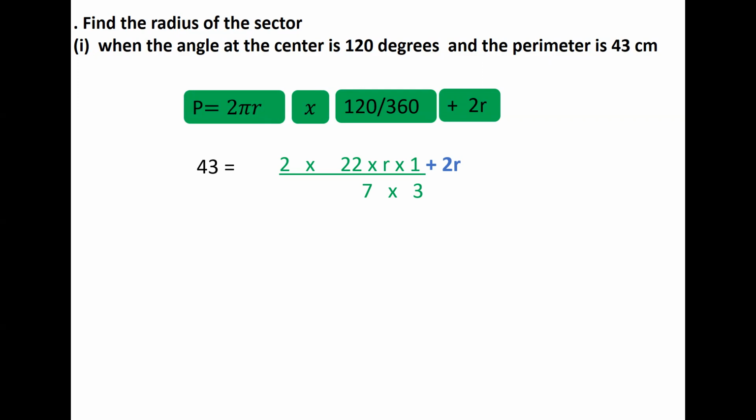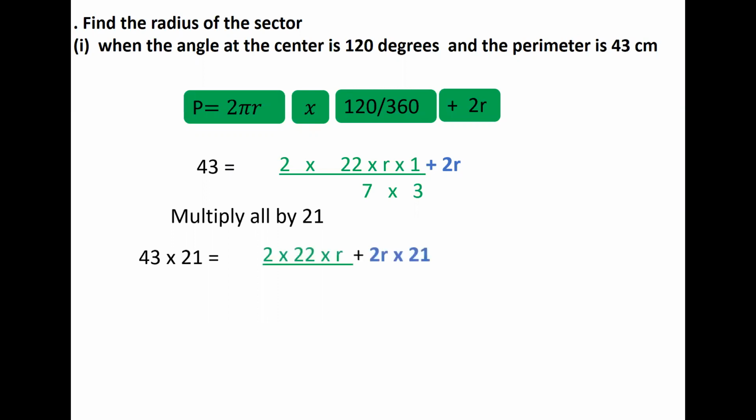So here the denominator is 21, so you multiply everything by 21. Don't do any calculation or multiplication, take 43 into 21 as it is. So 2 into 22 into r plus 2r into 21.